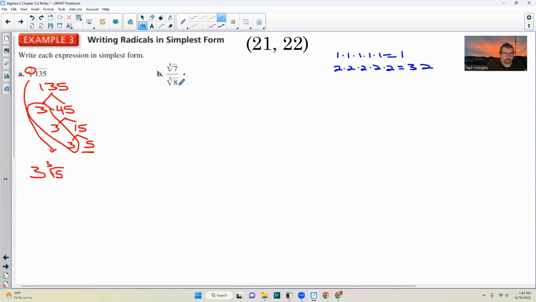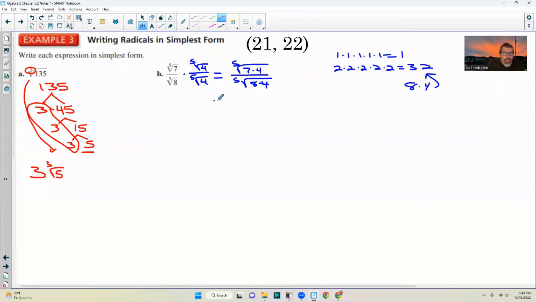And then you have to ask yourself, does 8 go into 32? And it does. 8 times 4 is 32. So I'm going to take the fifth root of 4 over the fifth root of 4. And that is going to give me the fifth root of 7 times 4 over the fifth root of 8 times 4, if you will.